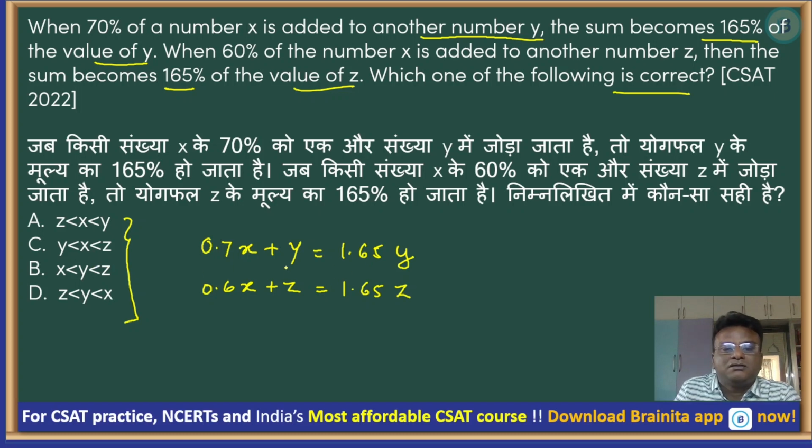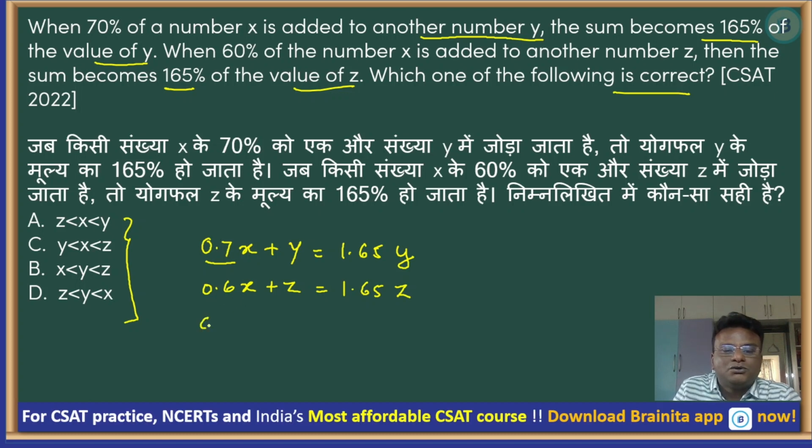Now understand a couple of things here, right? The increase in y is 65%. The increase in z is also 65%. In both cases, it is increased by 65%. Here you are adding 0.7 of x. Here you are adding 0.6 of x.